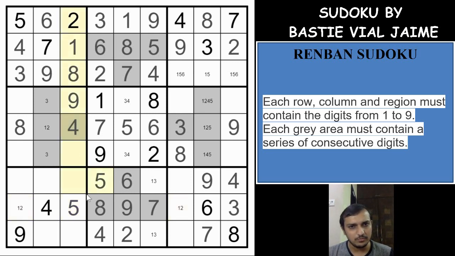Now see this column, 3, 6, 7 are remaining, right? So we already know that 3 has to be in these two cells, which gets a 6, 7 here. 7 is already there, which gets a 3, 6 here, and 6 is here, so we'll get a 3, 7 here.